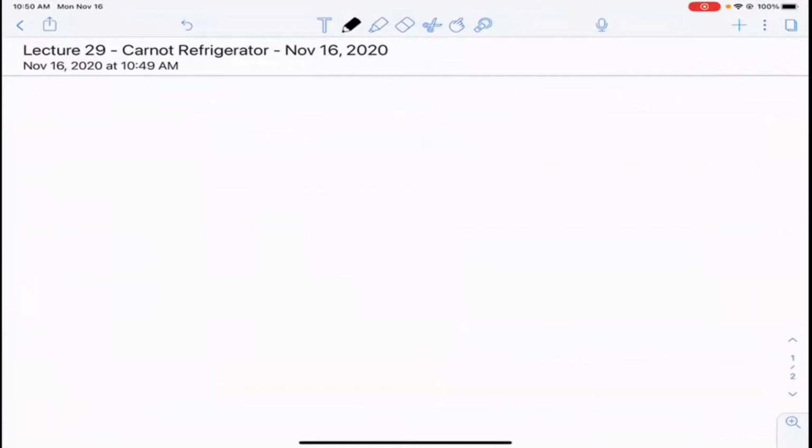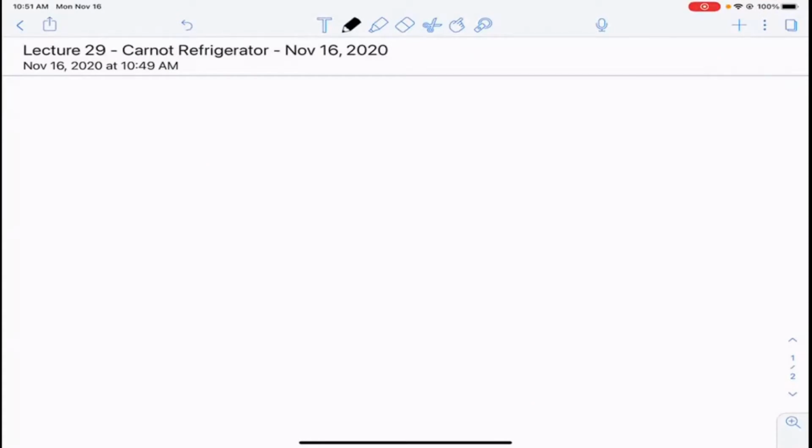Today's lecture is going to begin our conversation about refrigeration. One of the really interesting things I think about refrigeration is that as opposed to a heat engine, where we were going to add energy to then do work, in a refrigeration system we're going to do work to remove heat.